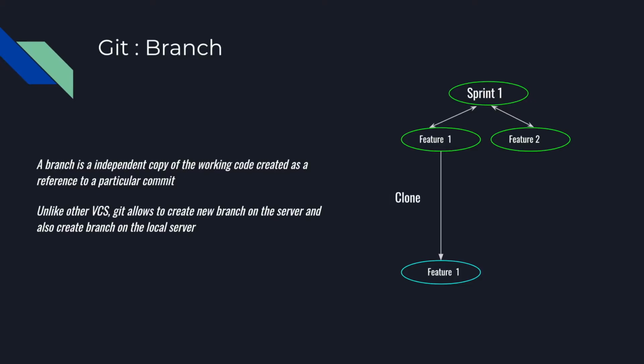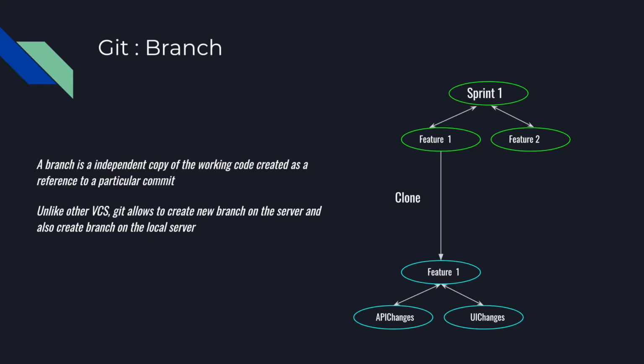Next, the developer can create two new branches, API and UI changes. Remember, these are local branches which are not available on the server. Now, the developer can do all the API related changes independent of the UI and without affecting other developers' work.